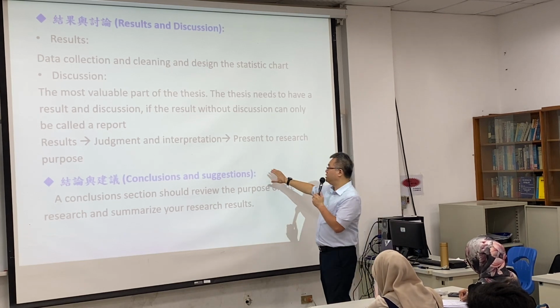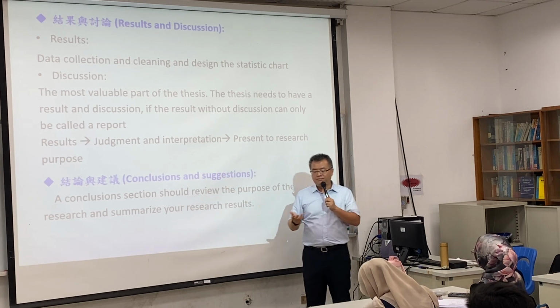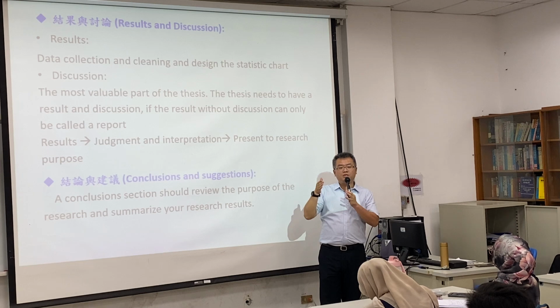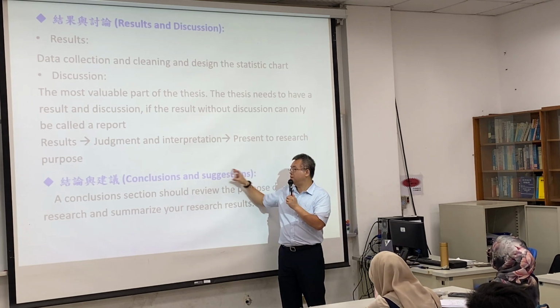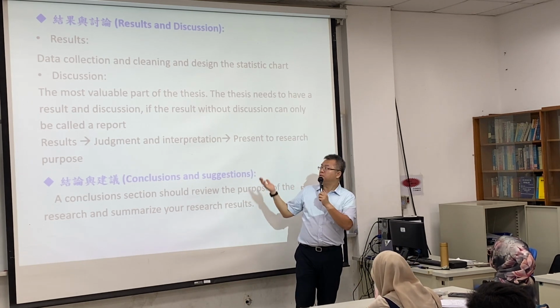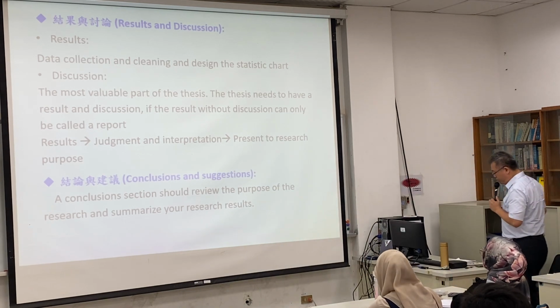And of course, after that, maybe you don't have enough grant or enough time, but you think your research can go further. In that part, you can write some suggestions. So I think those are the 5 main structures of a thesis.